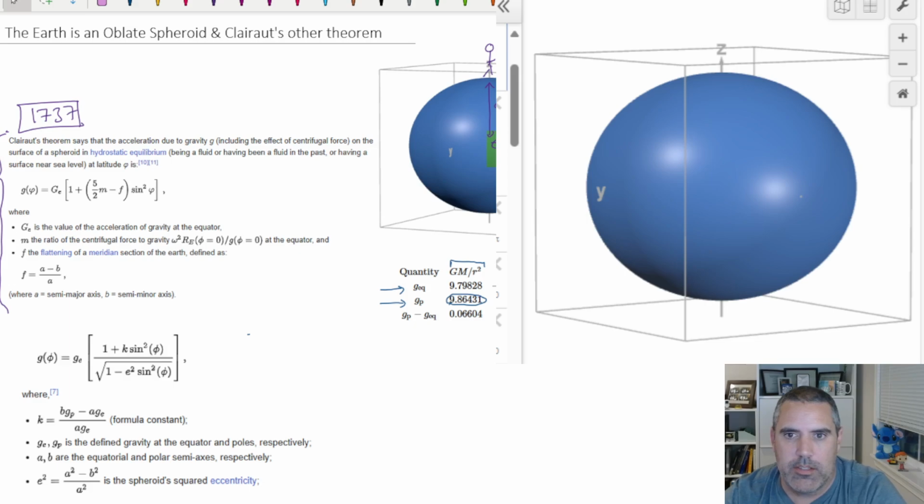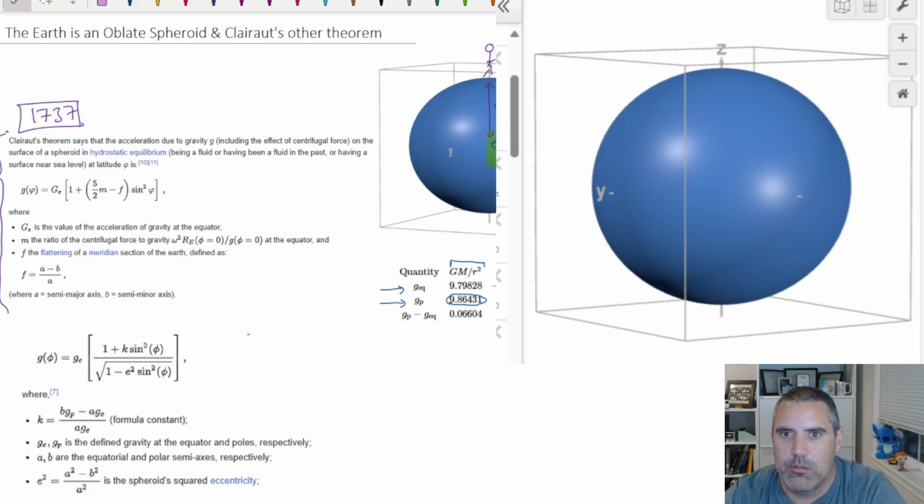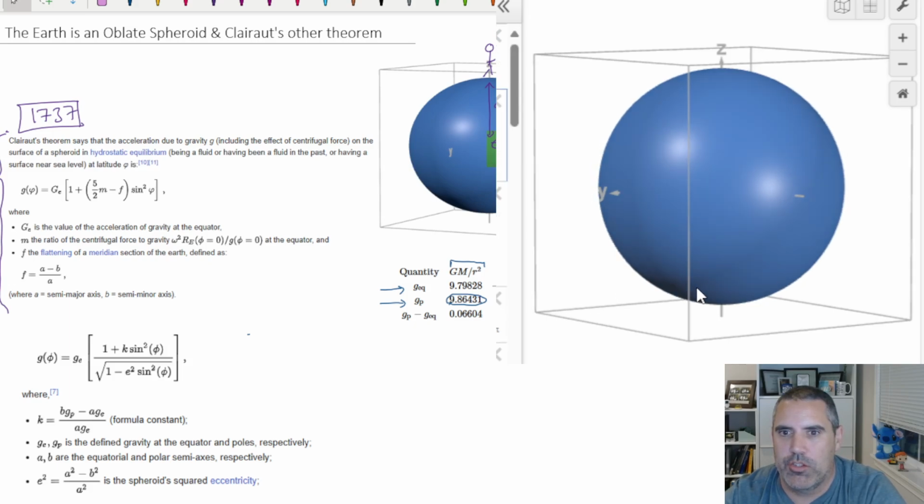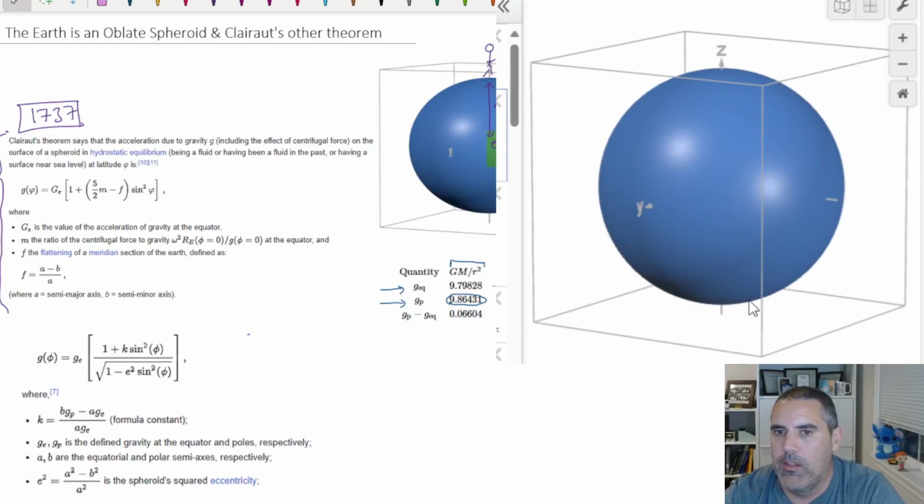I tweaked the numbers. So right now it's extreme. The actual is more, now you can watch it getting closer to what it actually looks like. It's pretty close after tweaking the numbers a little bit. Pretty close to this, which you can see you can't really tell much of what's going on there.